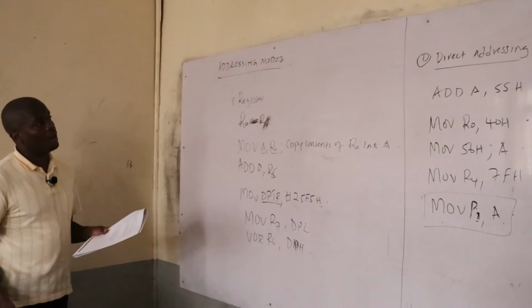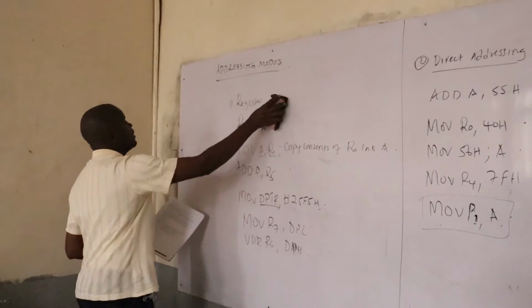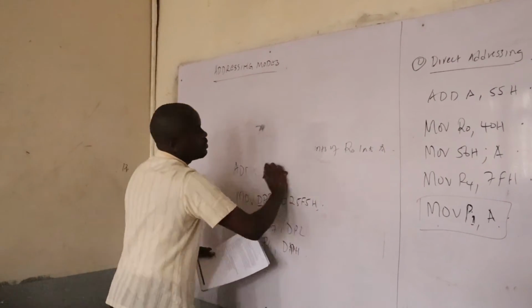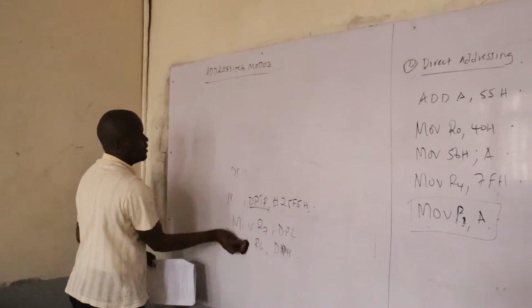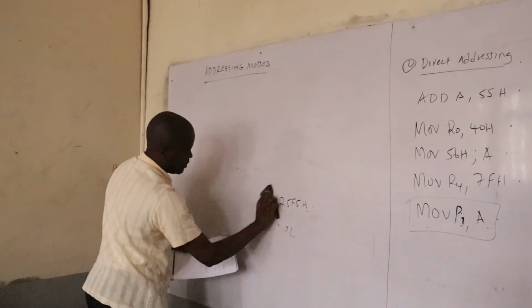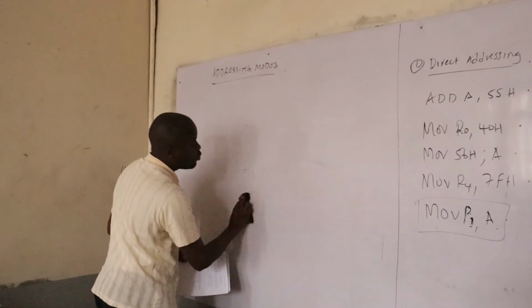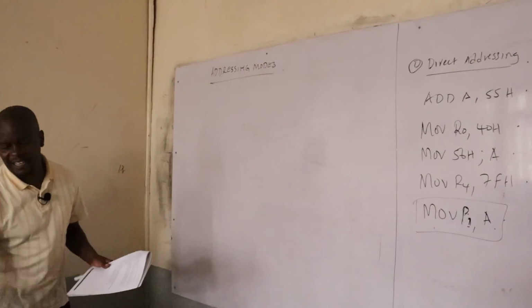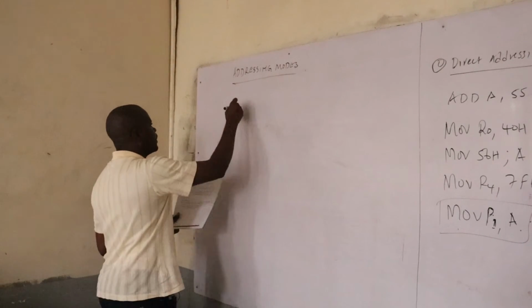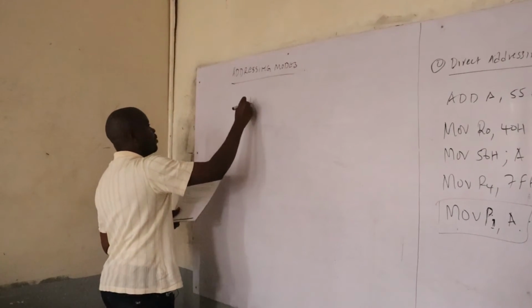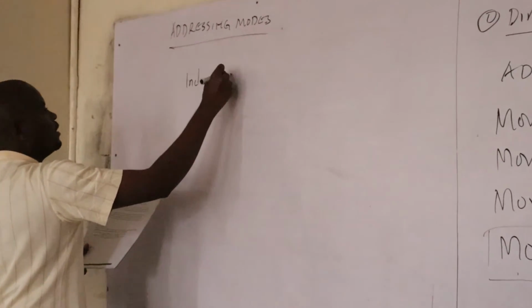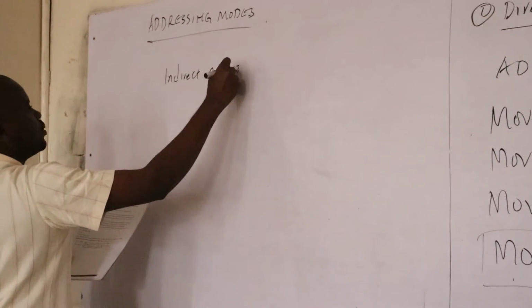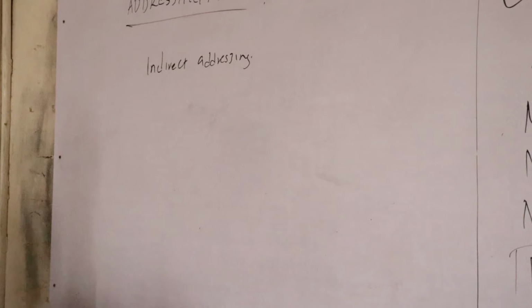The next addressing mode that we can talk about, that is the third one, is what we refer to as the register indirect, or we can simply refer to it as indirect addressing. Some people usually refer to it as register indirect.